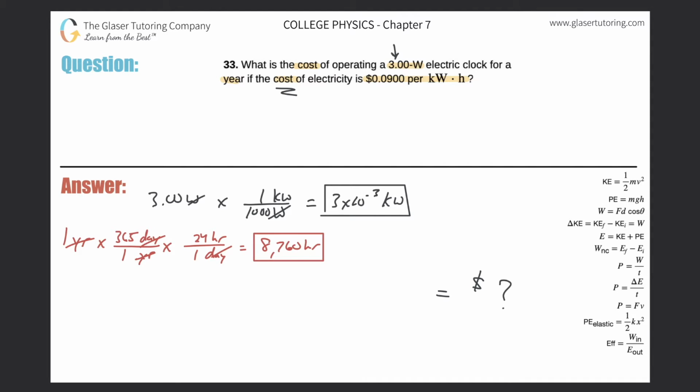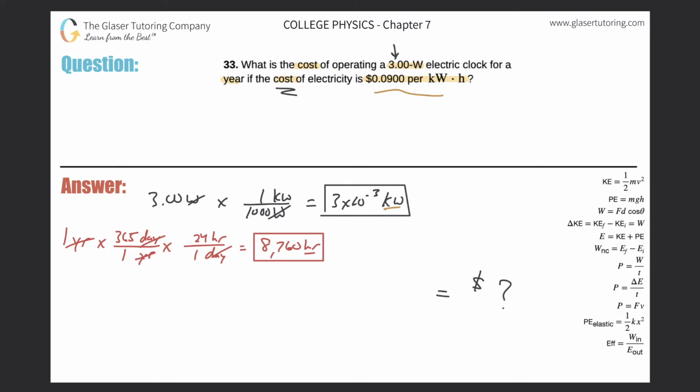Okay, great. So now I basically have consistency within these units. I got this time value in hours, and my cost function is also in hours. I also have my power value for the clock in kilowatts, and the cost function's power value is also in kilowatts. So now, oh, one other thing before we do that. I'm just going to try to take this information and create a fraction out of it, just to make it a little easier.